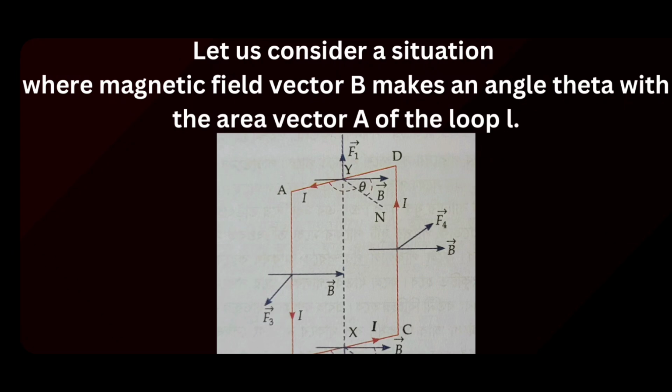First F1 on DA, then F2 on BC, okay, then F3 on AB, and F4 on CD. So let us calculate these forces on each side when the loop makes angle theta with the magnetic field, right?